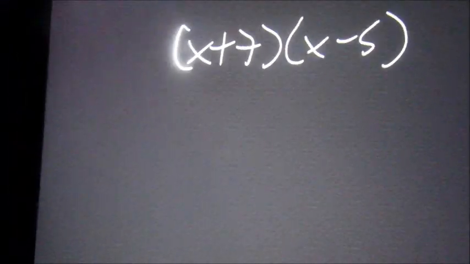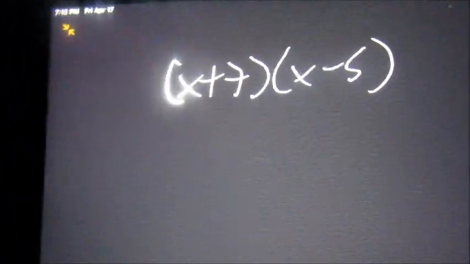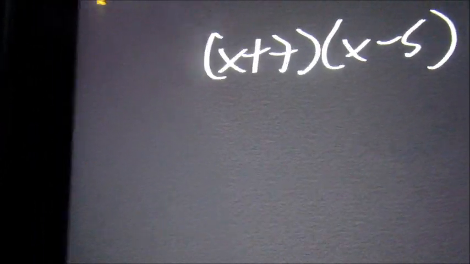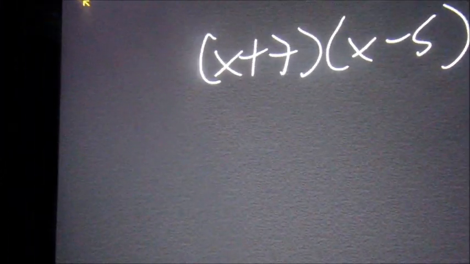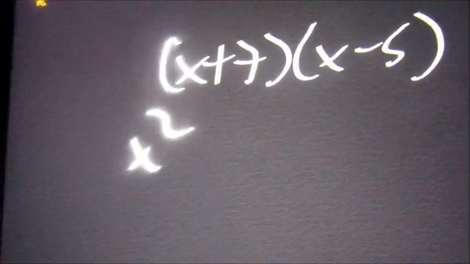two binomials. So another one, let's say we have x plus 7 times x minus 5. So this time we have a negative in here. And I'm not going to do where I break it all up. I'm just going to go first is x times x, which is x squared.